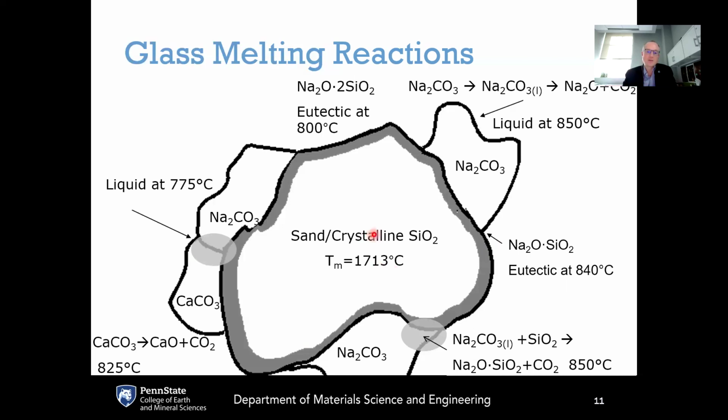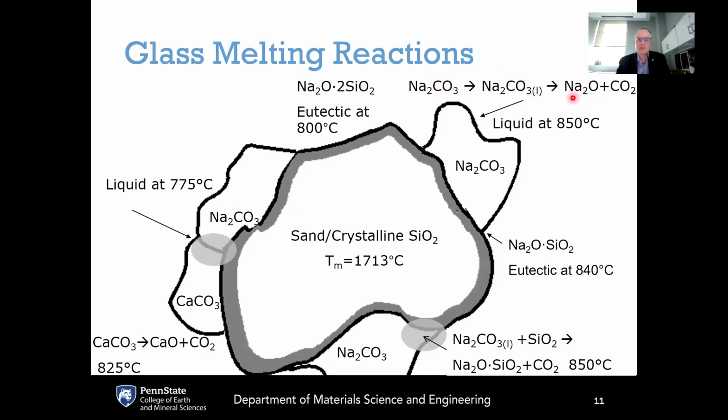And this is why it's important to consider the details of the batch reactions that take place. So this quartz sand is being loaded into the melter at the same time as limestone, calcium carbonate, and also sodium carbonate. And what happens is that we're going to have decomposition of the sodium carbonate. So the sodium carbonate is going to melt, and then it's going to decompose into sodium oxide plus CO2 gas that gets released.